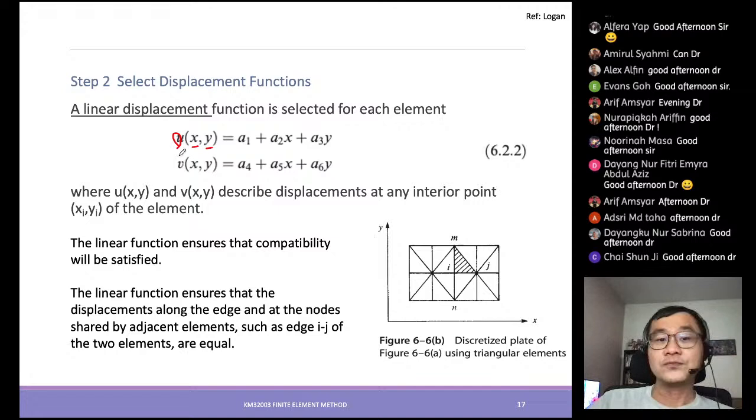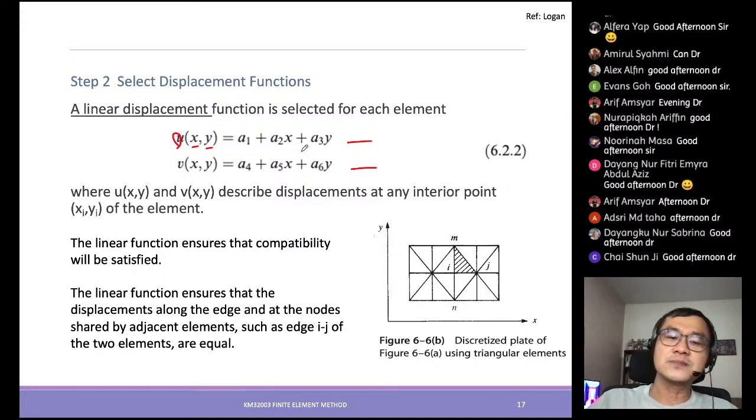Whereas for v, the displacement in the y direction, depending on the coordinates x and y, again we would express it as a4 plus a5x plus a6y. Based on these two linear displacement functions, now we can slowly move on.